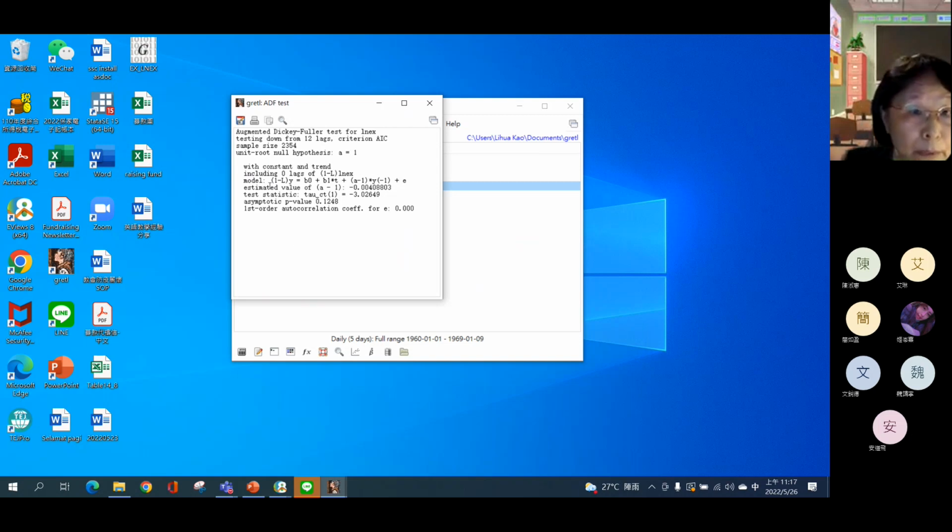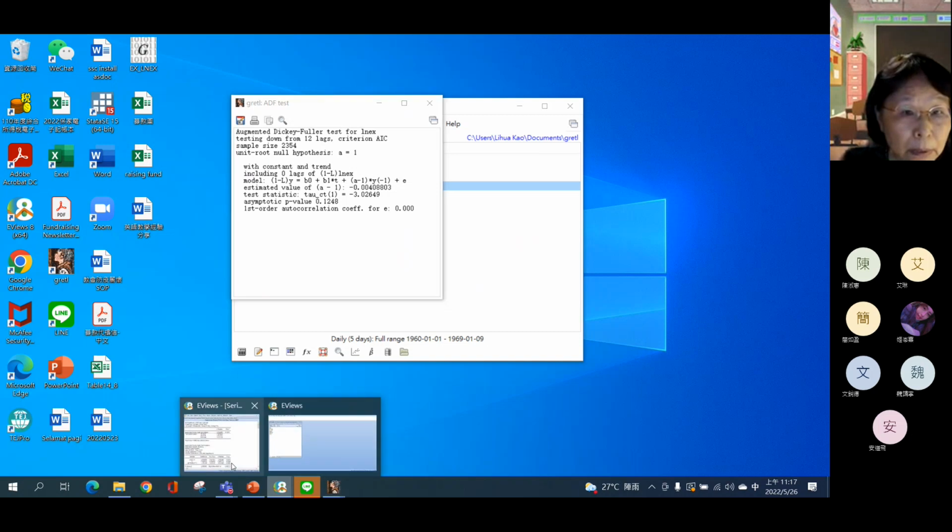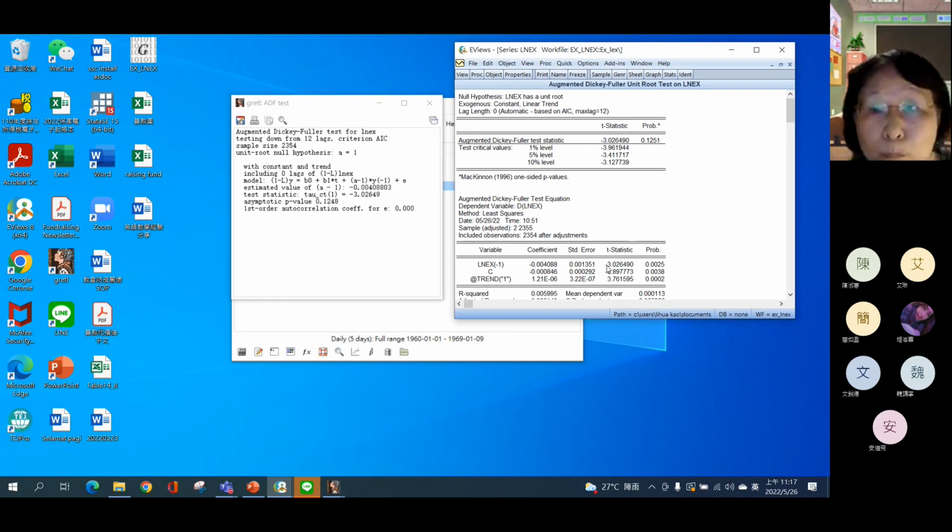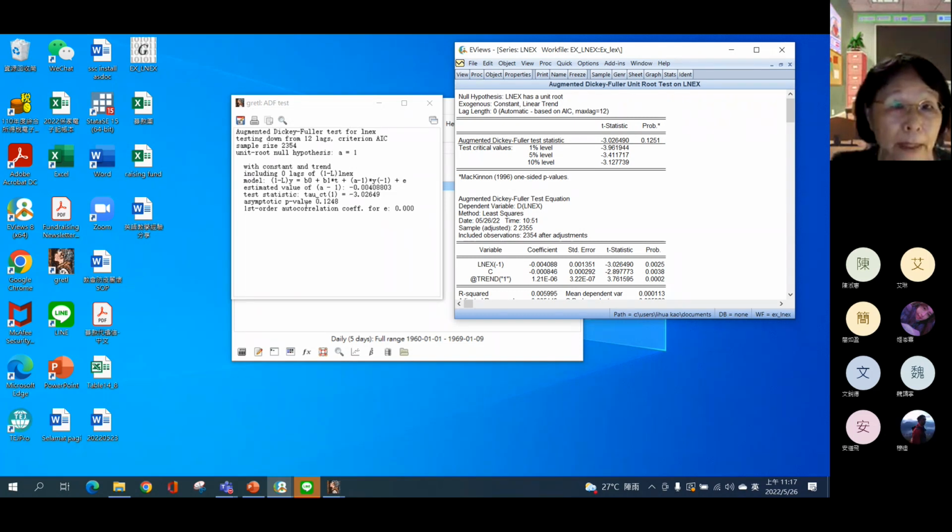Look at the result. Look at the model here, and the estimated value of the beta. Let me show this gretl output. Look at the coefficient here, negative 0.004088. And this is exactly the same thing. Then the test statistic is negative 3.26 something, exactly the same as EViews.